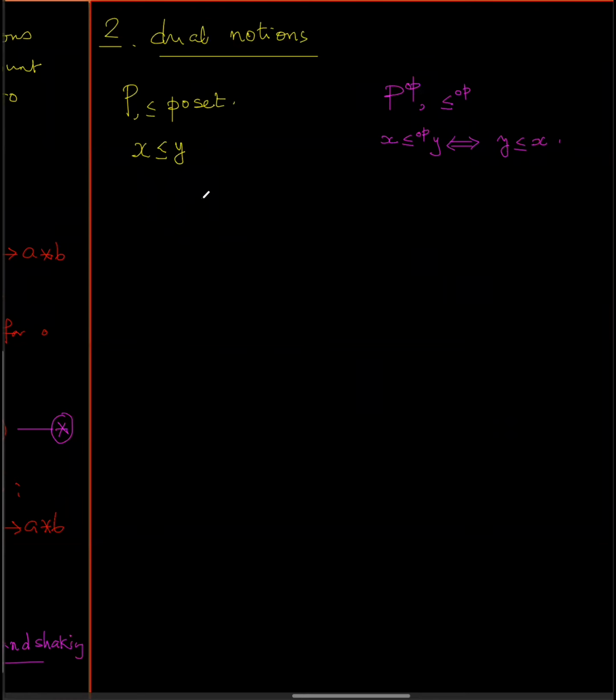So, examples: think of the real line with the usual less than or equal to. Now, if you put a mirror at 0 and reflect, what you get is R with the greater than or equal to as the relation. So the more negative numbers become bigger numbers, and things just get reversed.